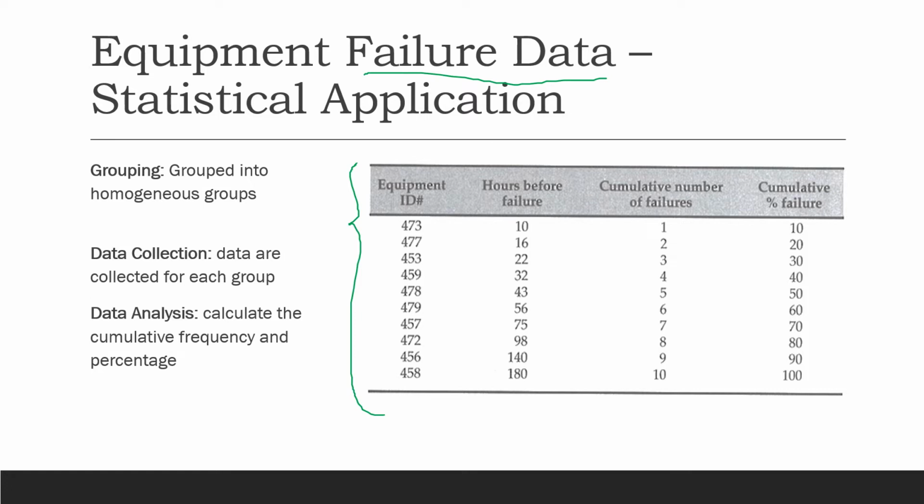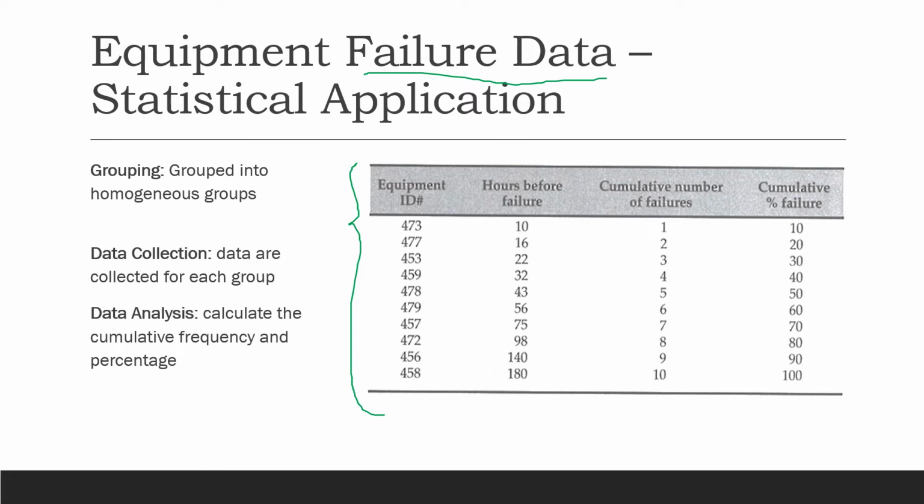This is what we call research, and this is the data. Collecting it and organizing the collected data into columns by using an application is called data collection, grouping, and data analysis. We group into homogeneous groups.